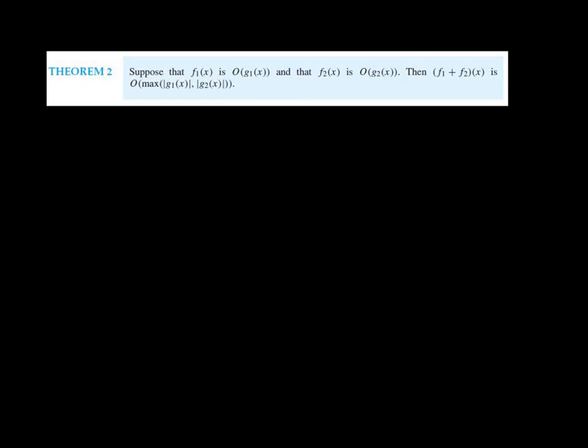Basically it says if f1 of x is big O of g1 of x, and f2 of x is big O of g2 of x, then the sum of those two functions, f1 plus f2 of x, is big O of the maximum of g1 of x and g2 of x. I'm not going to prove this. You can see the book if you want to see how this works.